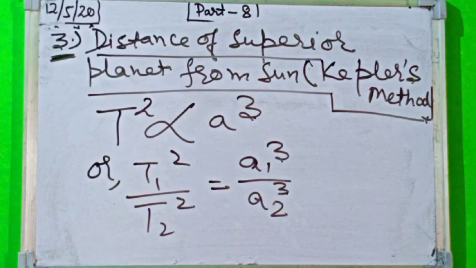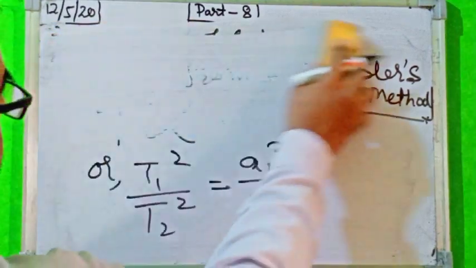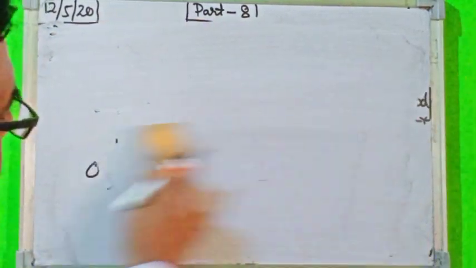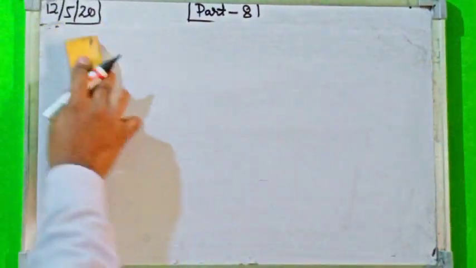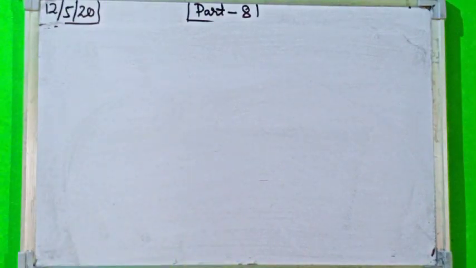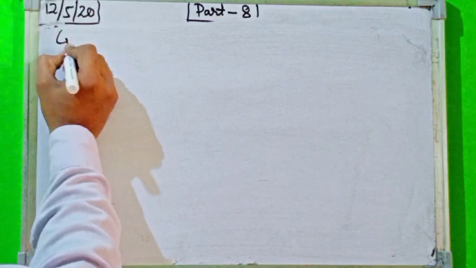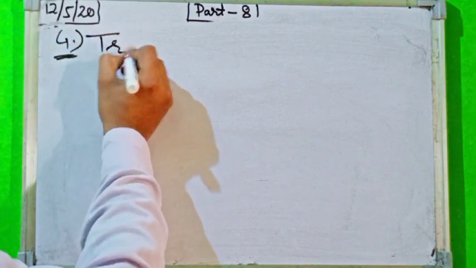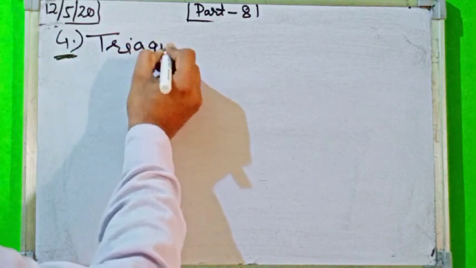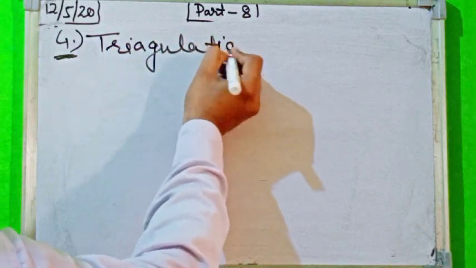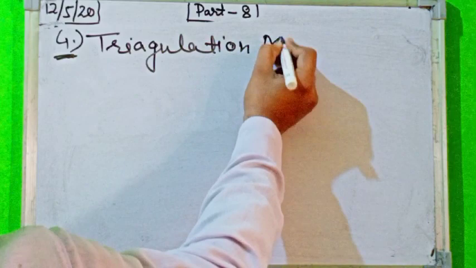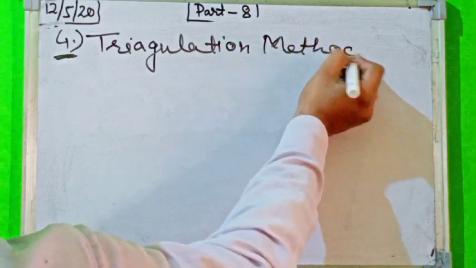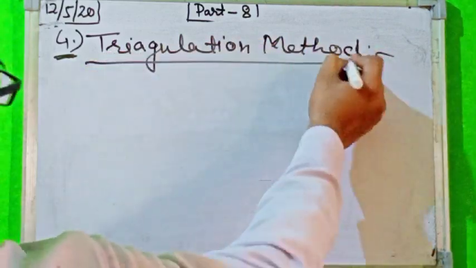Next one, the fourth one, is the triangulation method. It is a very easy one.